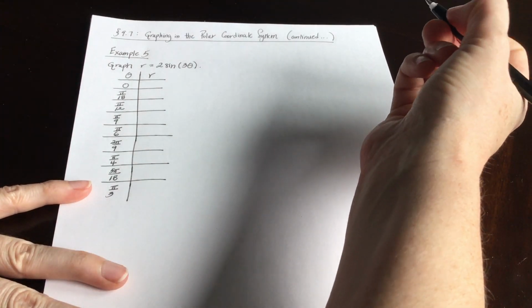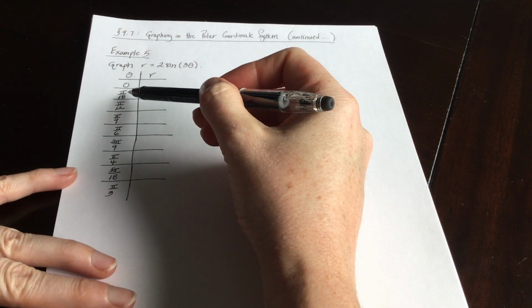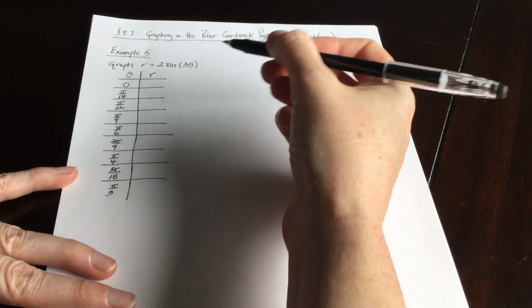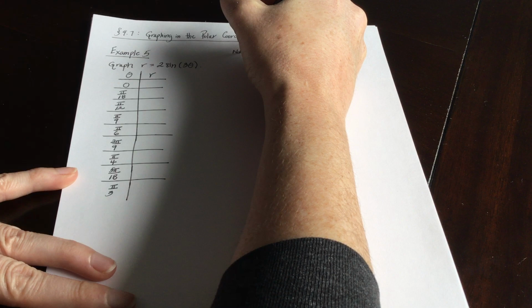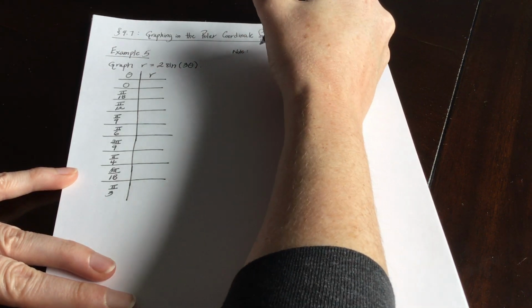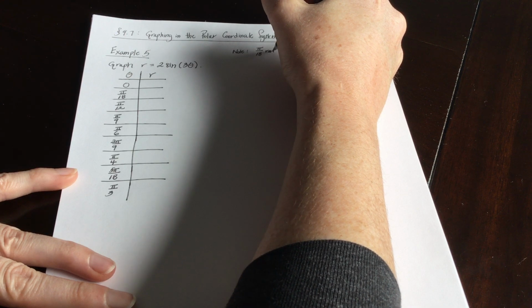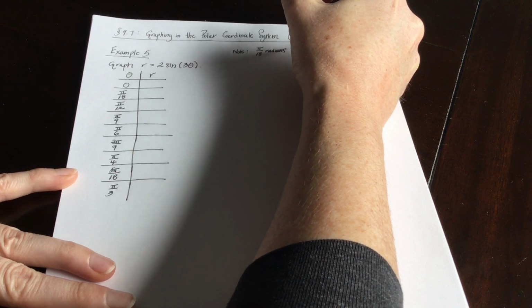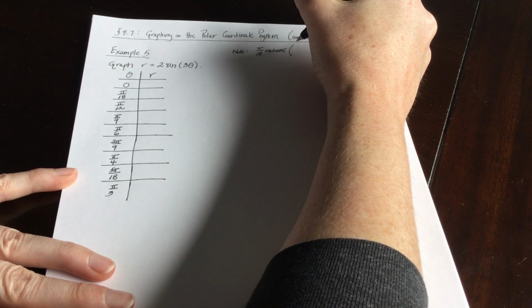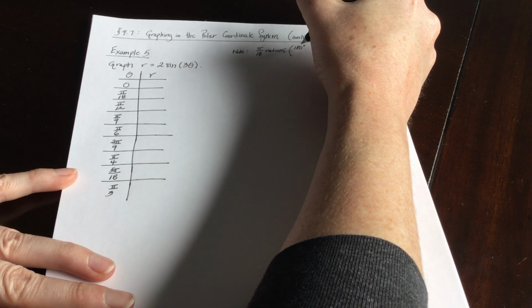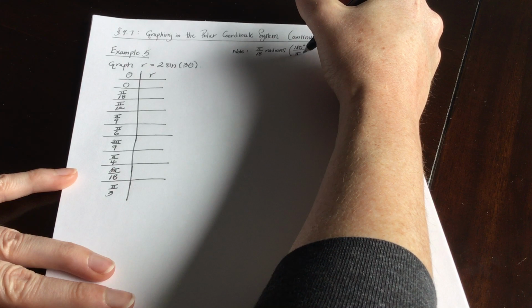And also, so that you can figure out where pi over 18 and pi over 12 and all this stuff goes, a note. Pi over 18 radians, if you convert it to degrees, you could multiply it by 180 degrees over pi radians.